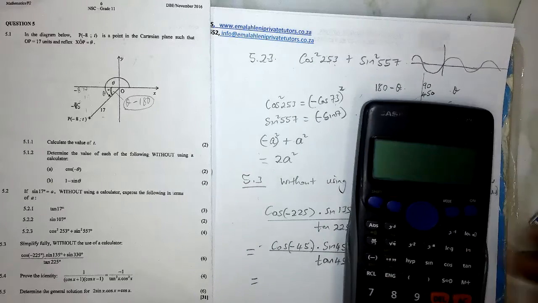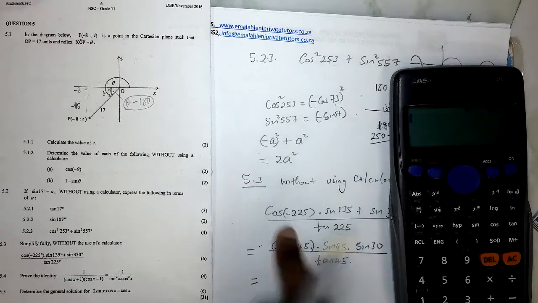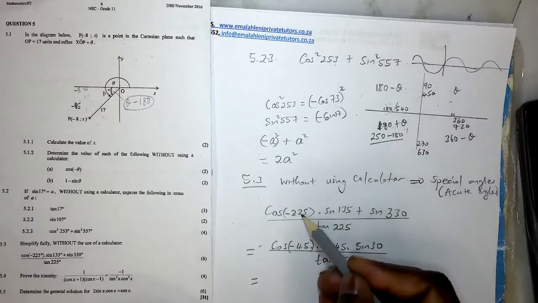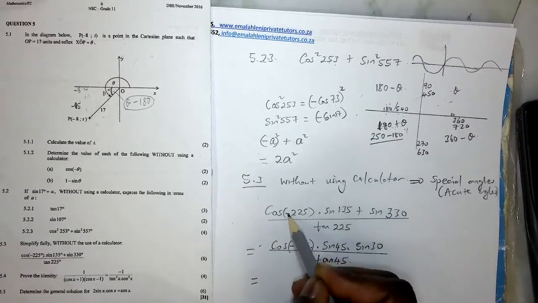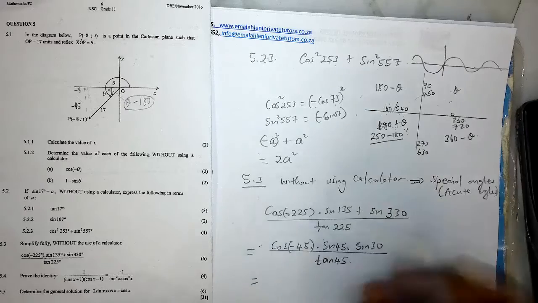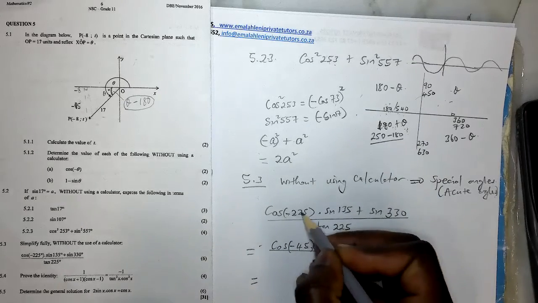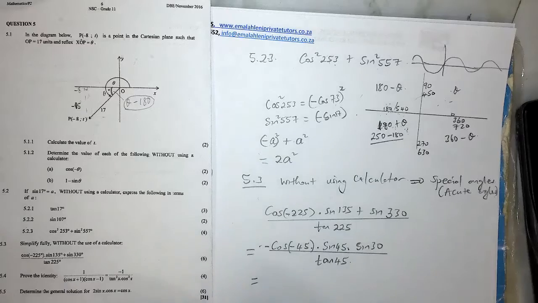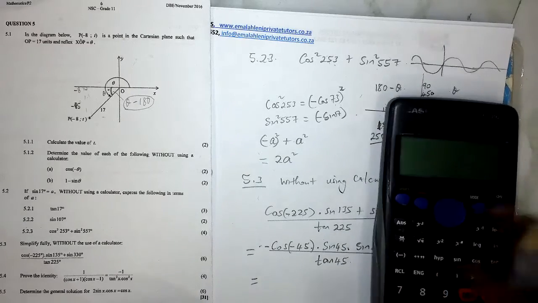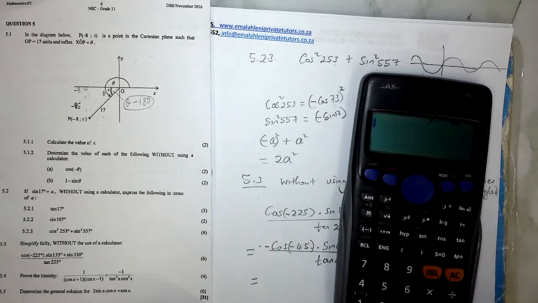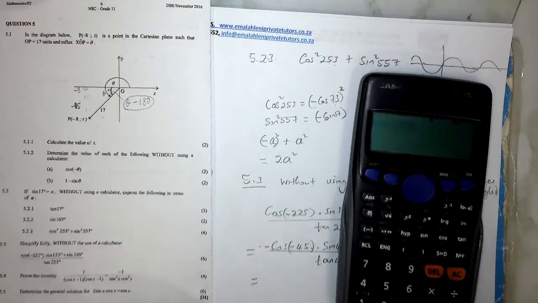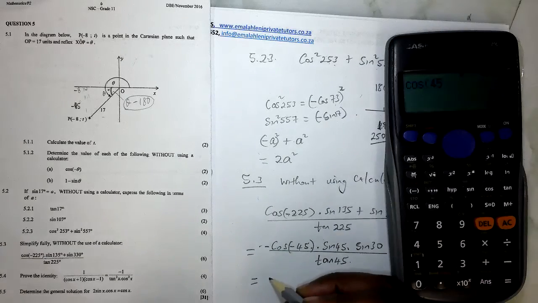Sorry, this should be negative, because the negative continues to be the negative of the side of the angle. So it's actually negative here that you must put. So we are going to say cos 45 is root 2 over 2. So we're going to say negative root 2 over 2.